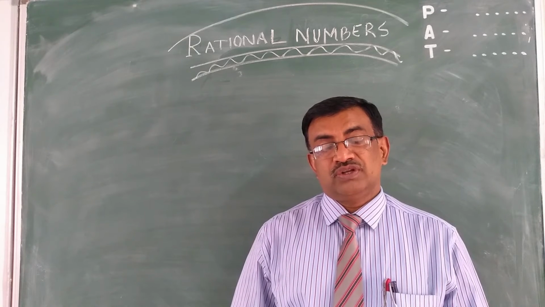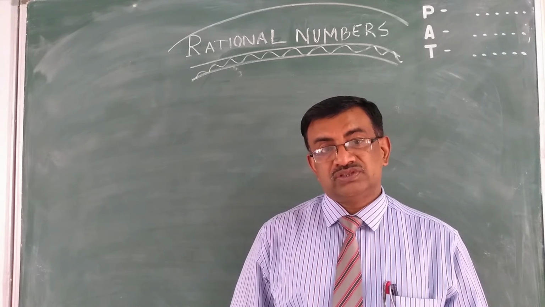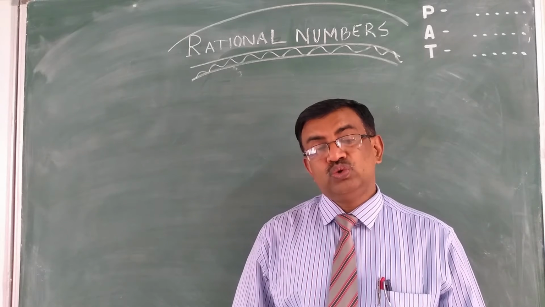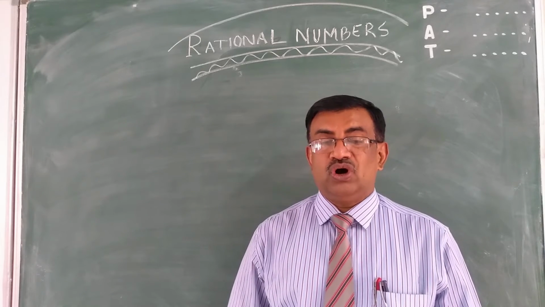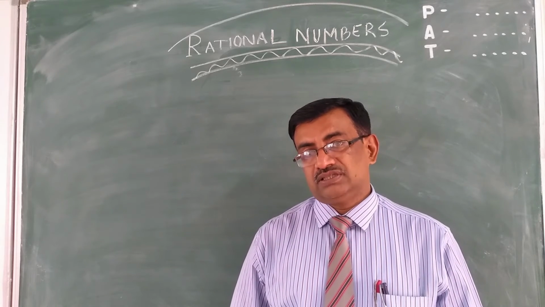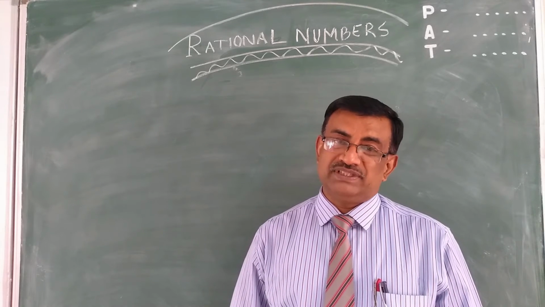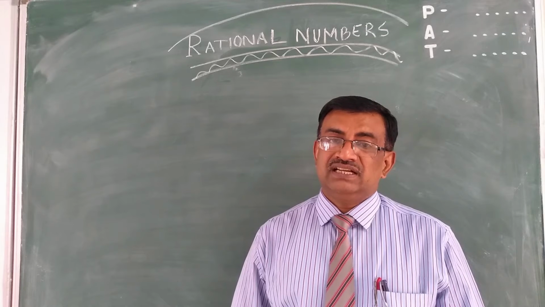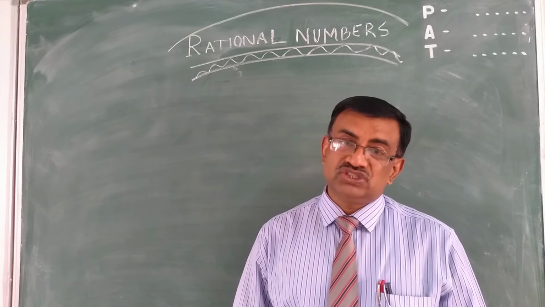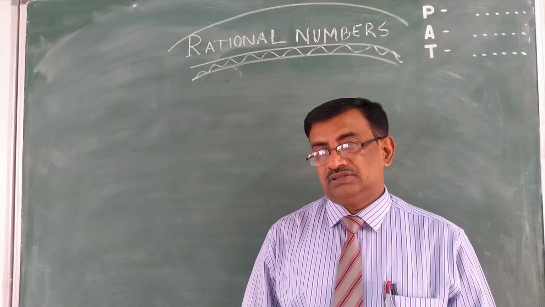Suppose in a class of 30 students, if 2 apples are distributed to all the students, then from the first bench to the last bench, all the students will get 2 apples. Like that, here we are going to discuss the distributive property and the example.